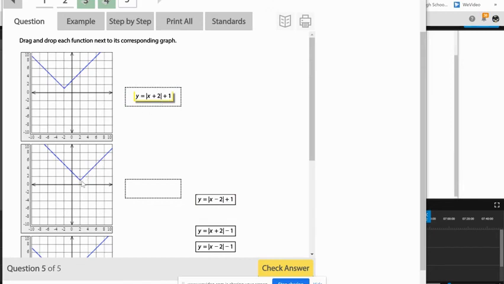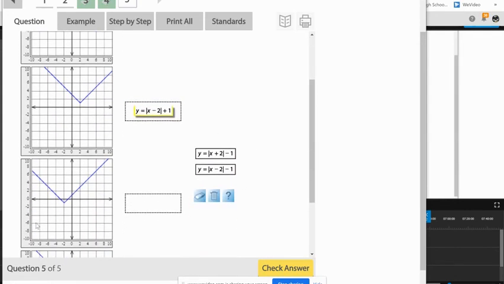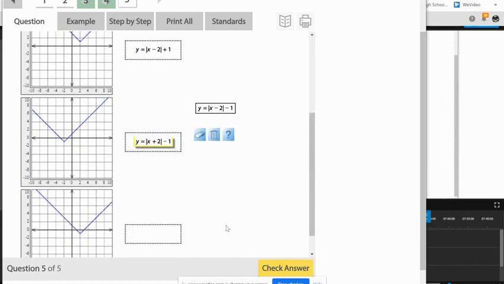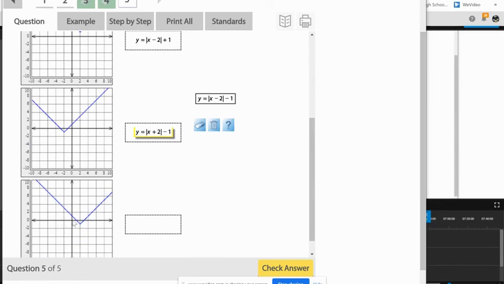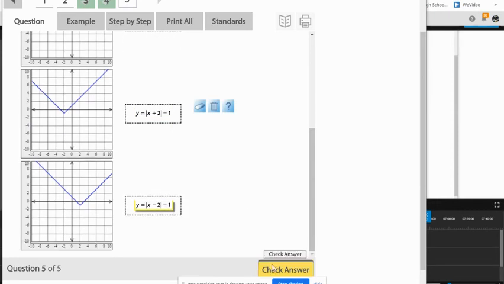This one's been shifted right 2 and up 1, so that's going to be this one. The next graph has been shifted left 2 and down 1, so that's going to be this one. And the next one has been shifted right 2 and down 1, so that would be this one. And they like that.